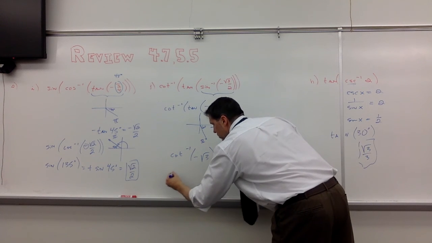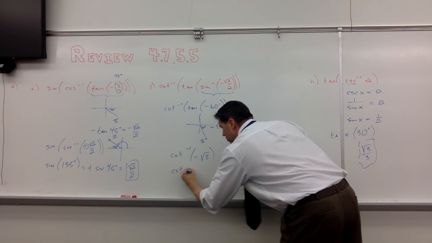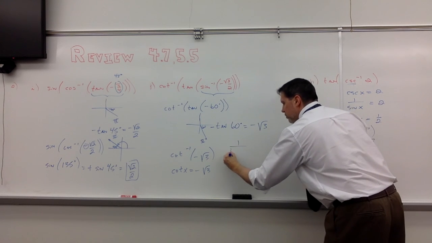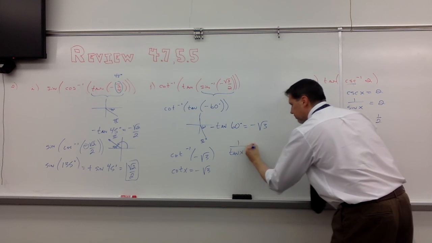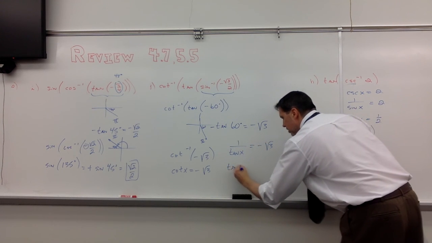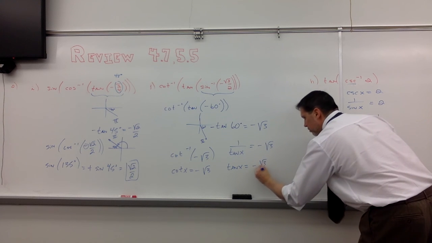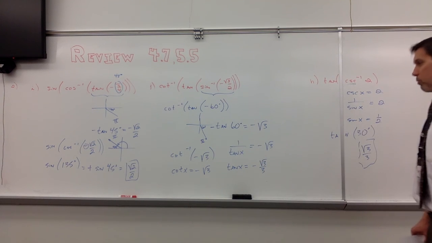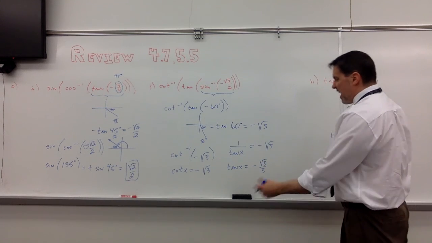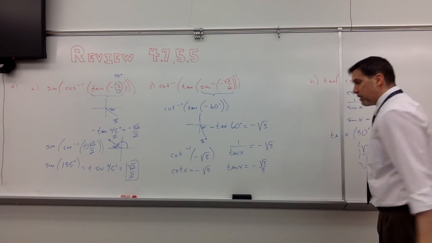Not a favorite. So we're looking at the cotangent of x equals negative square root of 3. That would be 1 over tangent of x equals negative square root of 3, or tangent of x equals negative square root of 3 over 3. Okay, so again, this has to be in quadrant 4, and we have to give a negative answer.